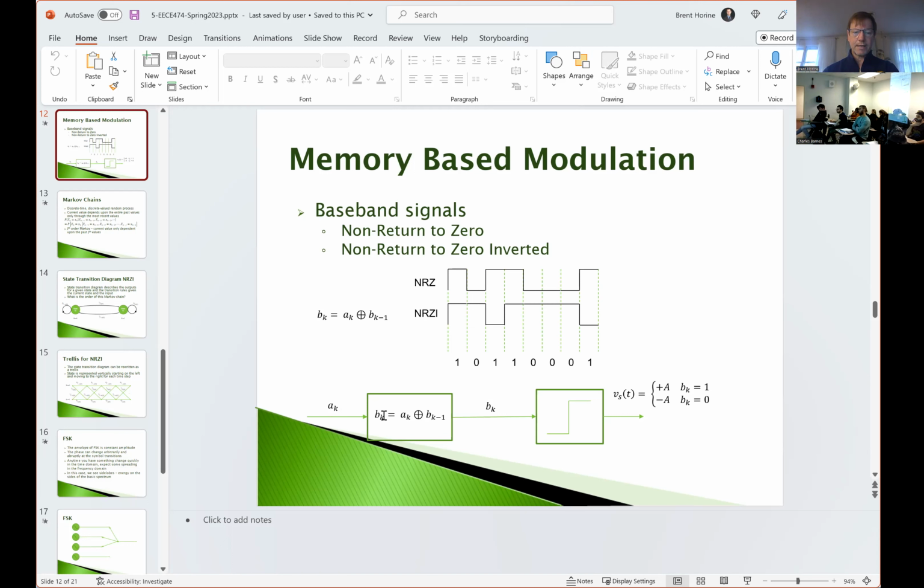So we have an A_k coming in, and it has this modulo 2 addition with the previous B_(k-1) to output a new B_k, right? So that has a memory depth of 1. We're looking at the prior one there, and outputting that result, right?